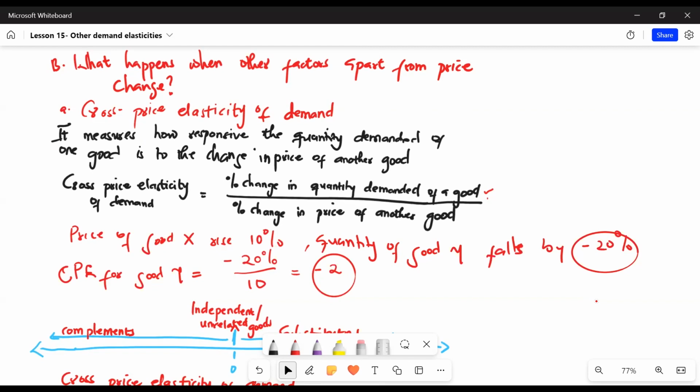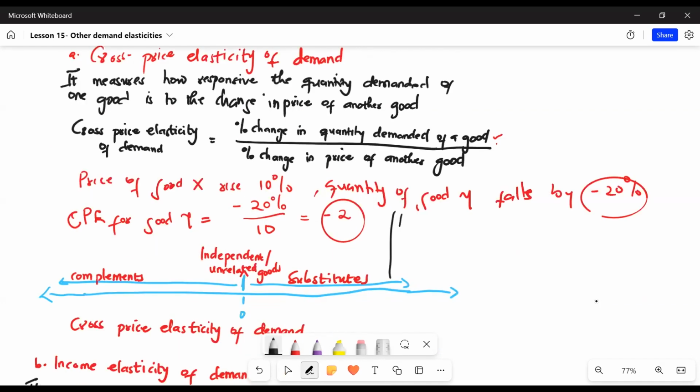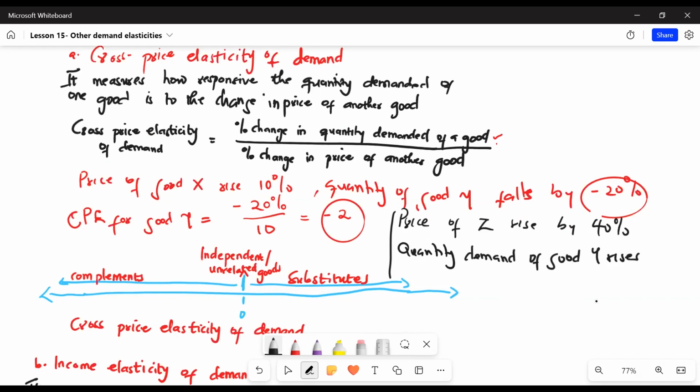So let's look at another example before we delve into what the magnitude of elasticity tells us. If the price of good Z were to rise by 40% and quantity demanded of good Y rises by 8%, then we can calculate the cross price elasticity for good Y, which is the percentage change in quantity, 8%, divided by the percentage change in the price of good Z, 40%.